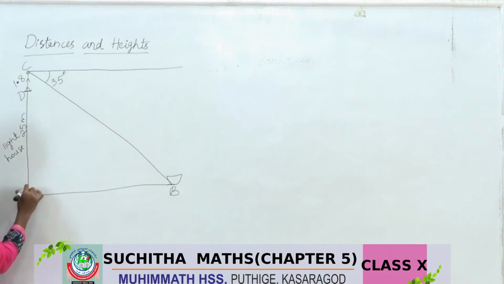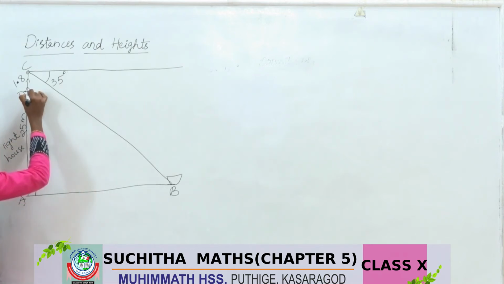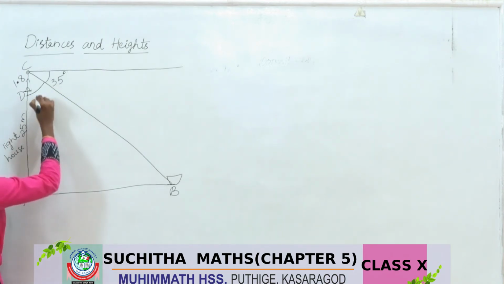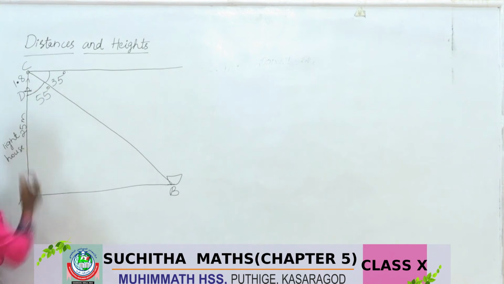So consider right angled triangle ABC. Here this angle is 90, and what about this angle? This angle is 35 and the total angle is 90 degree, and 90 minus 35 is 55 degree. Okay.